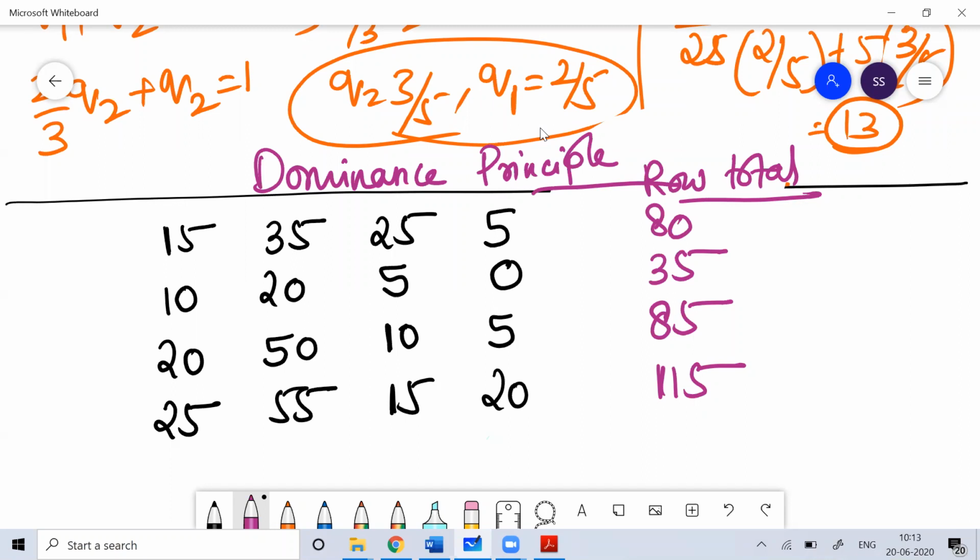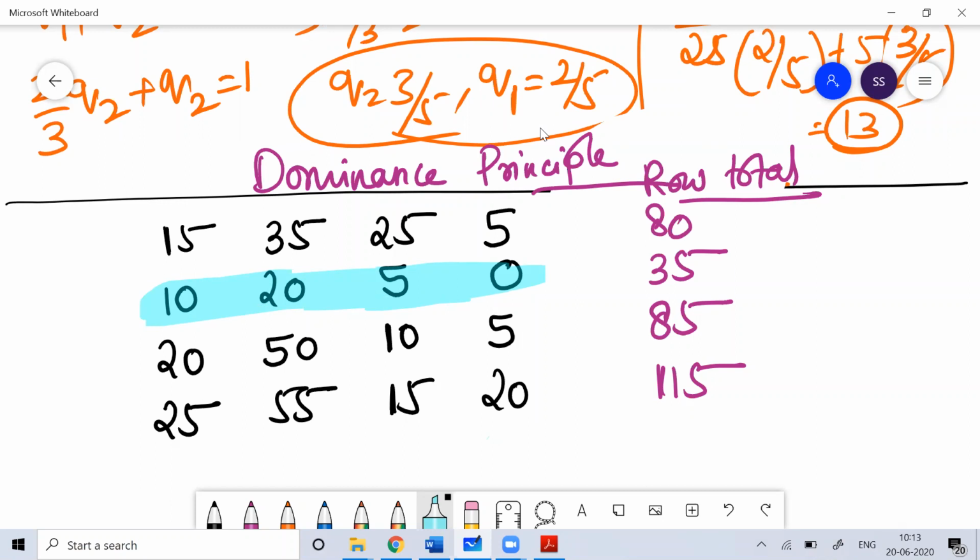Okay, so looking at the row totals, the smallest row is row 2. Now that you found this is the smallest row, see if this row can be deleted. How did I get to know that row 2 is the smallest out of all? That's why I found the row total.